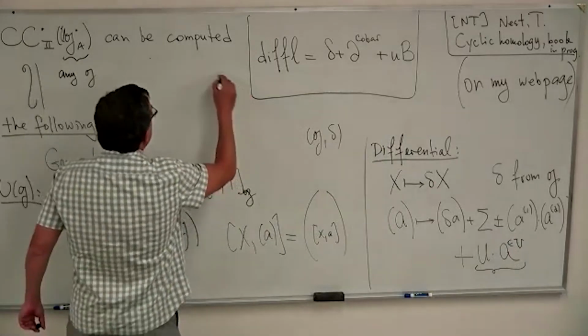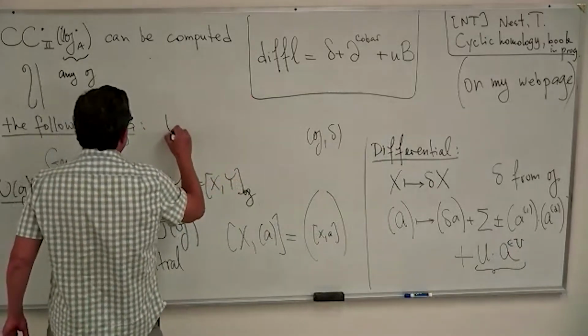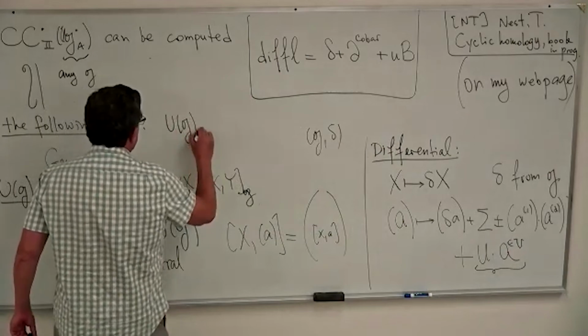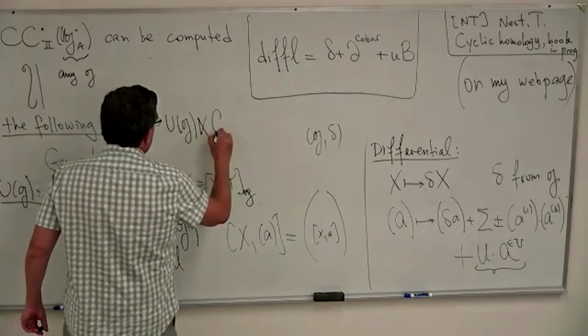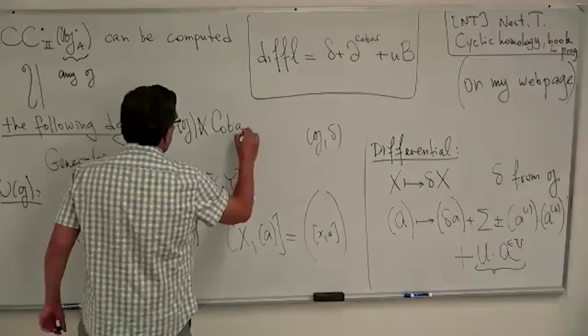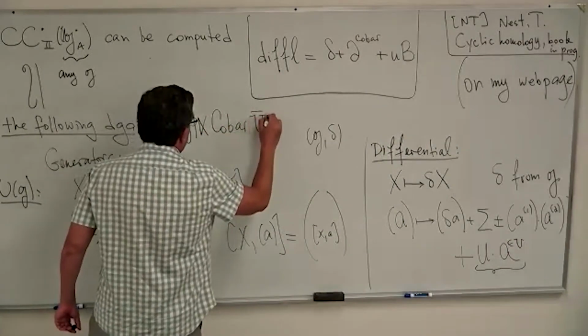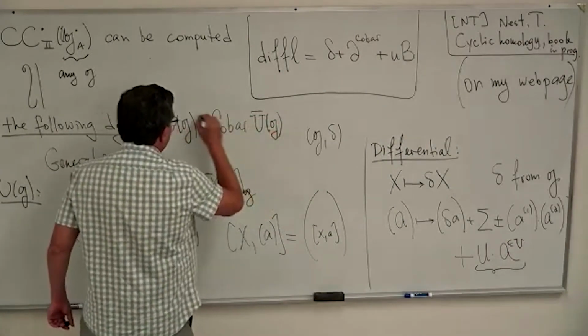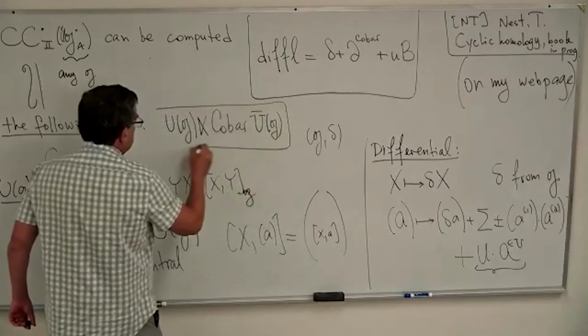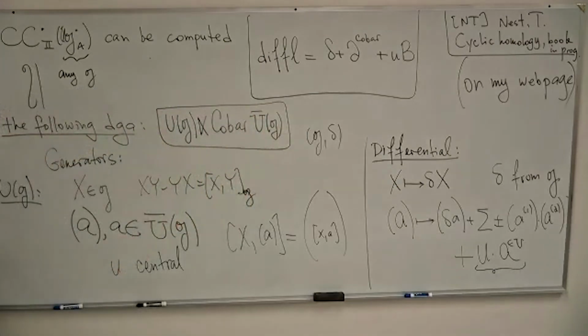Okay, therefore, I call it U of G semi-direct product with co-bar. So it's a very, very explicit thing.